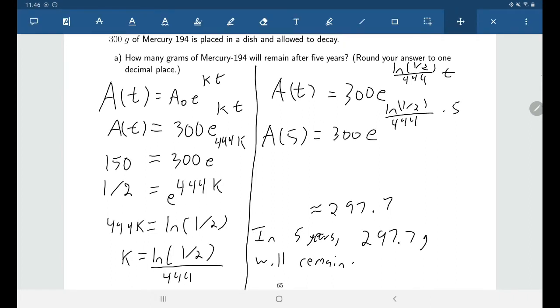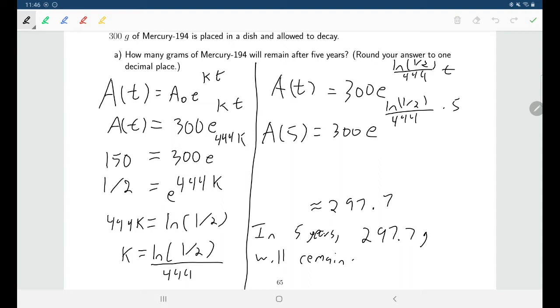Just wanted to say a couple things about the calculator side of things here. So notice here, all of this, natural log of a half over 444 times 5, all of that is an exponent that's on that e, so e to the power of all of that.